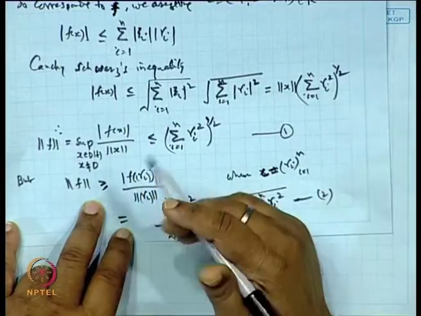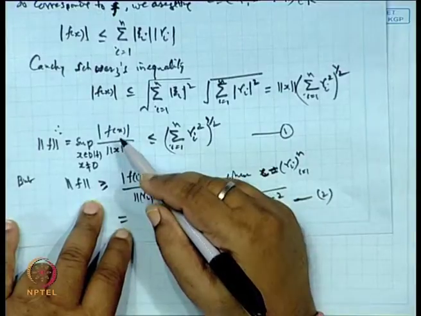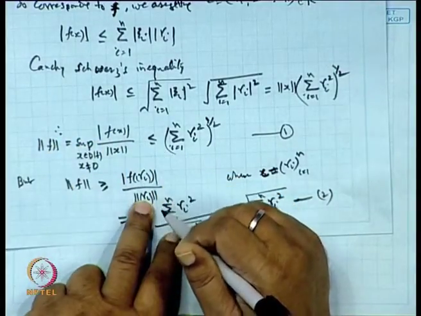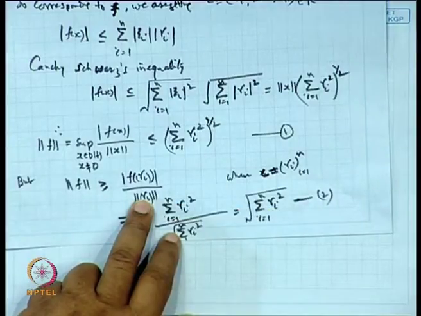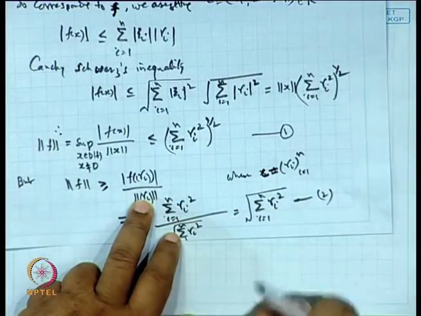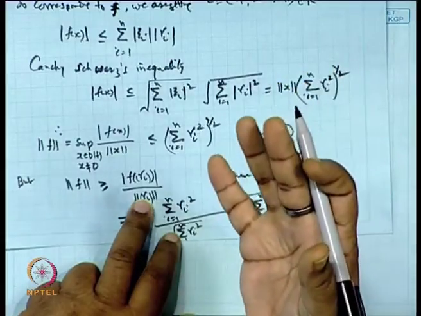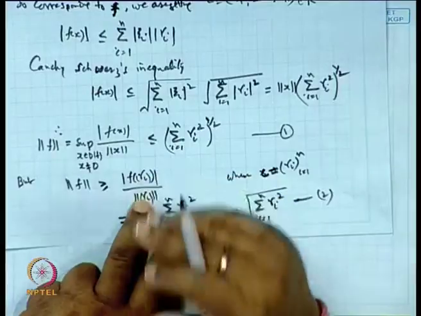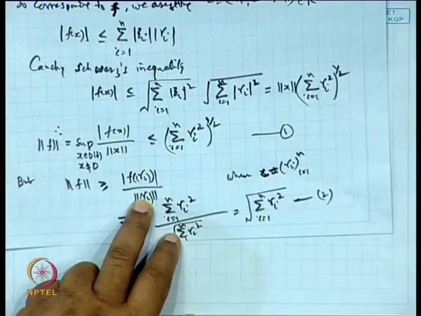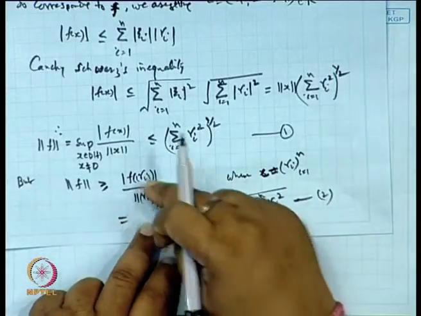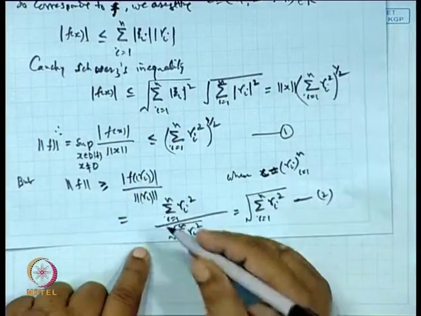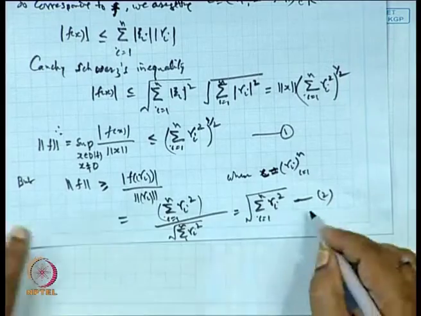So if I remove the supremum, this will be greater than or equal to the value at a particular point, because so many points are there and you are choosing the supremum among them. So the supremum will be the largest value, greater than or equal to the value of the function at a particular point, and that particular point is nothing but C. So that is okay.